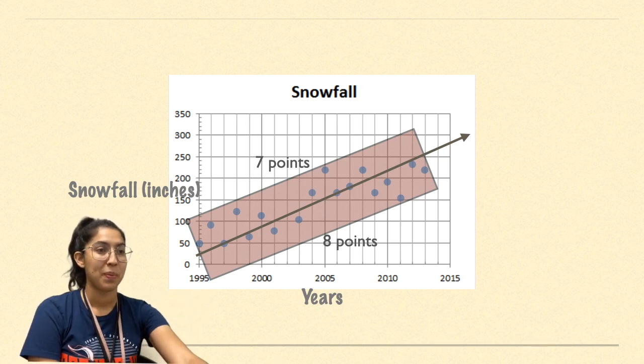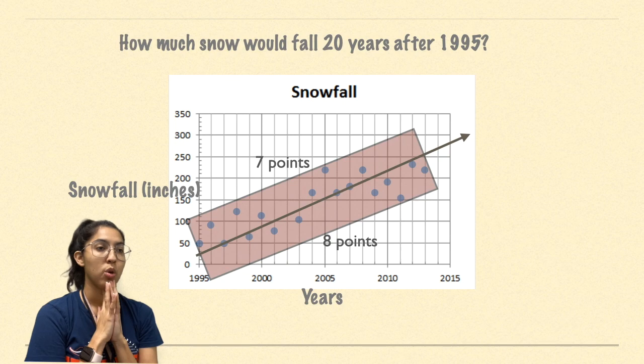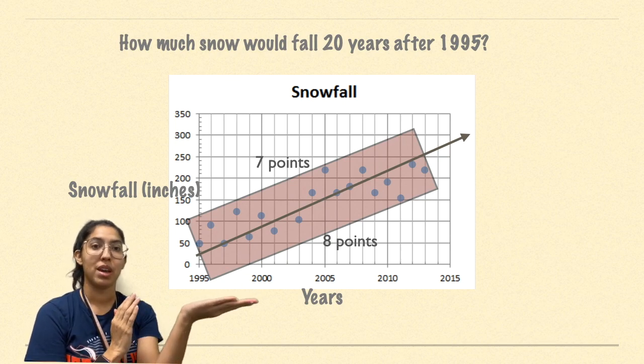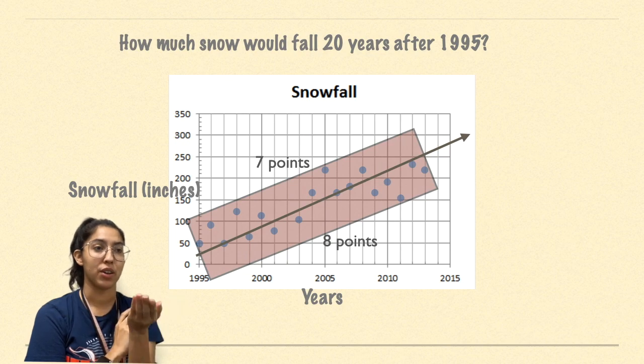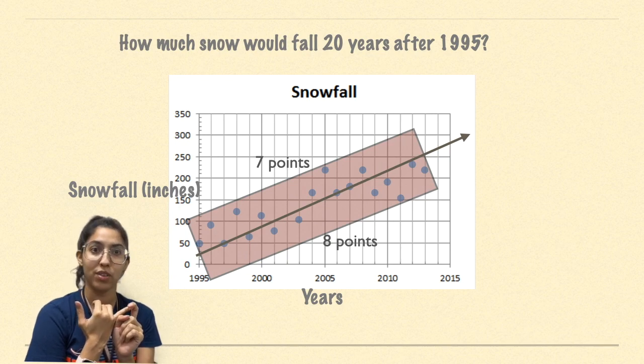Got it? So now my question says, how much snow would fall 20 years after 1995? So my years are my X values. So I'm looking at the bottom of this graph, the X values, and I'm looking for 20 years after 1995. So 20 years after 1995 would be 2015.